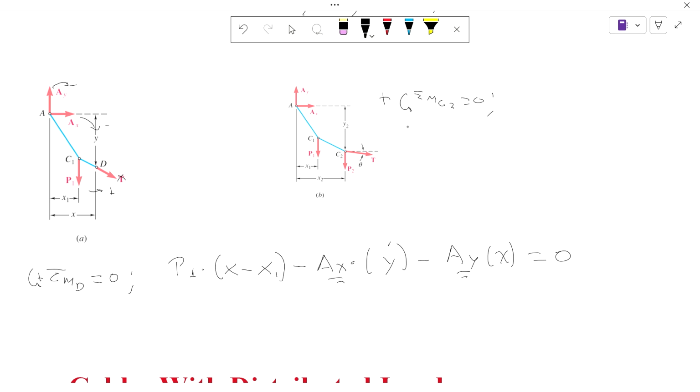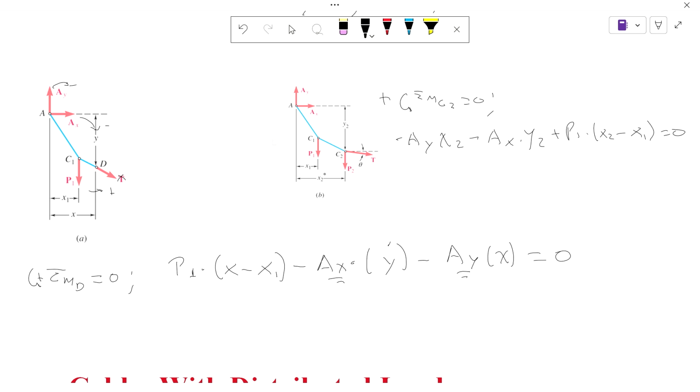So we know that, again, we have ay is clockwise, so negative ay times x2, ax is clockwise, so it's negative ax times y2, and P1 is counterclockwise, plus P1 times x2 minus x1. This is equal to 0.